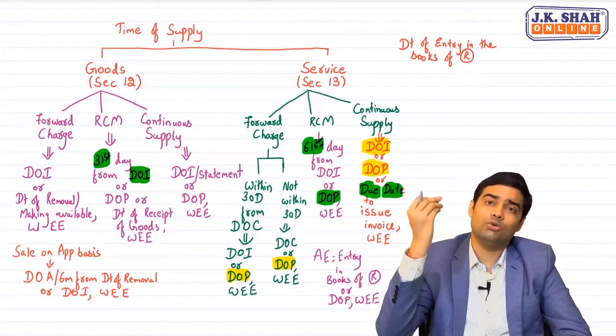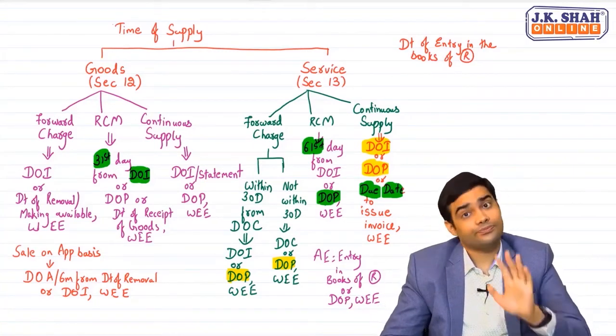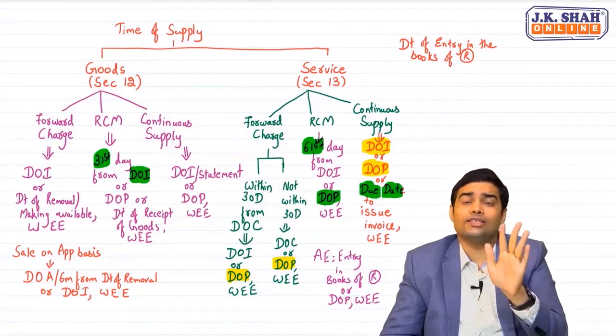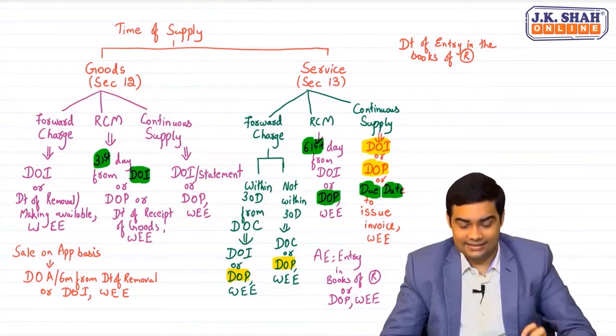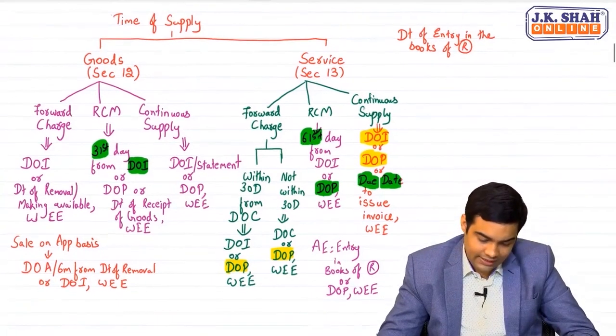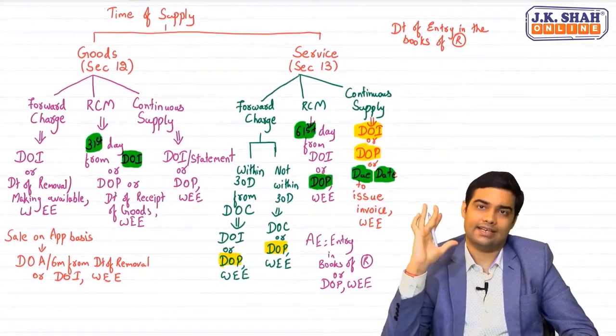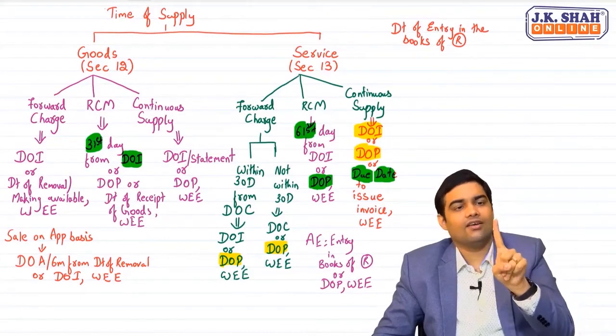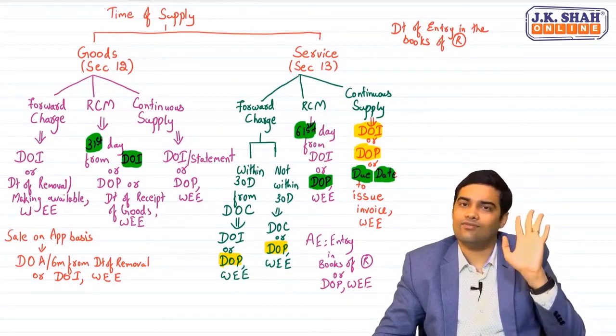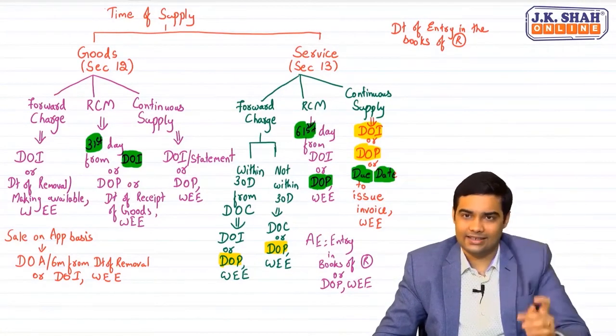Sir, if entry in the books of recipient is also not there, then in that case, law has provided any other case. But before we go to that any other case, let's discuss vouchers and interest. So three discussions left: vouchers, interest, and finally we will conclude with any other case.